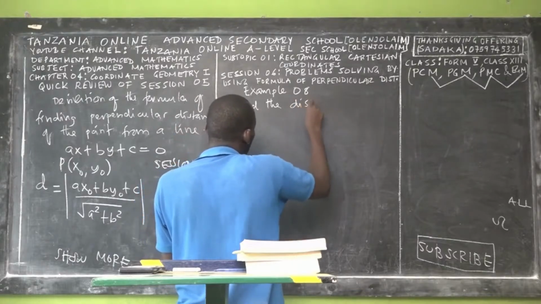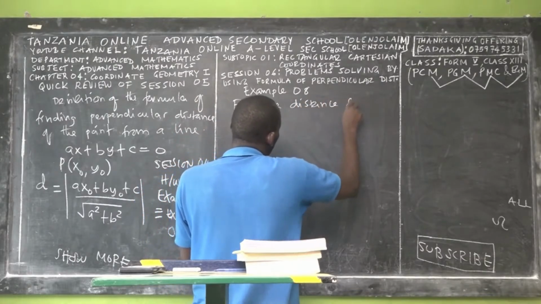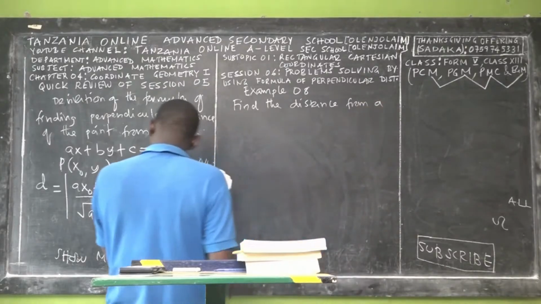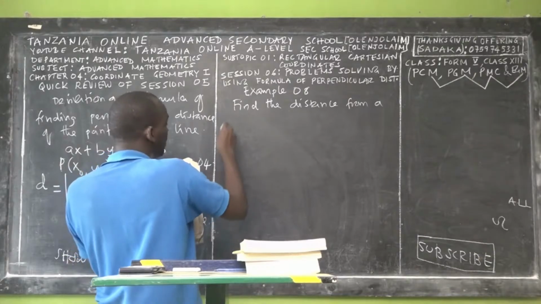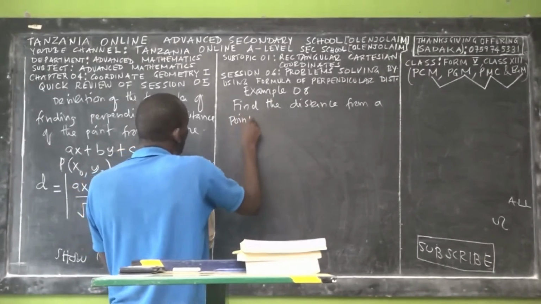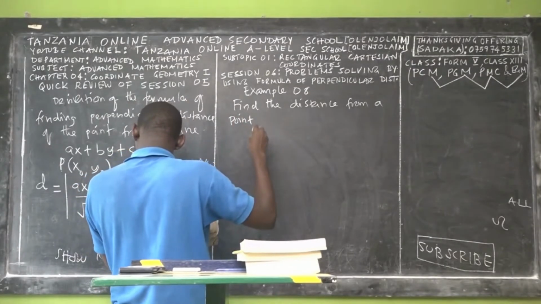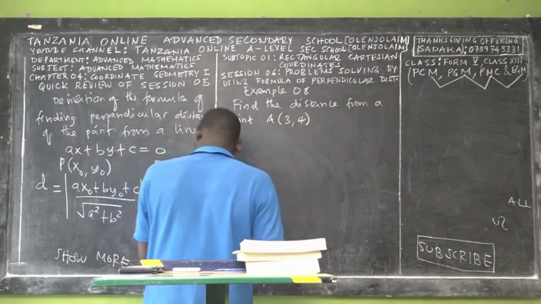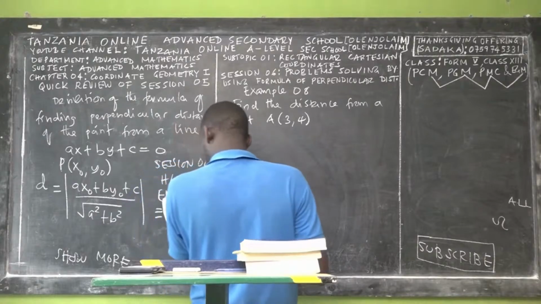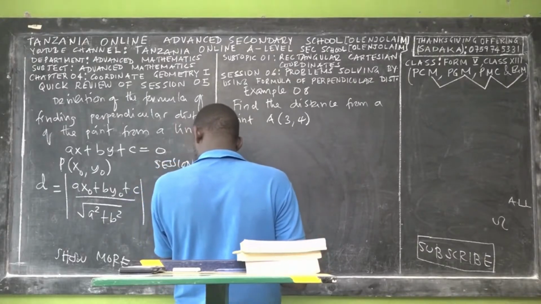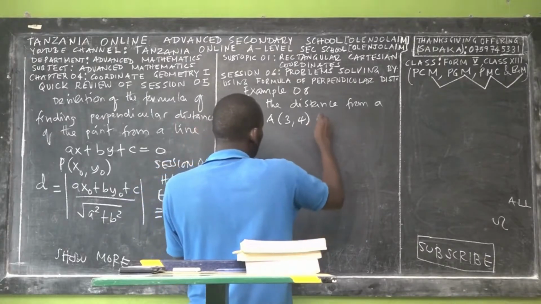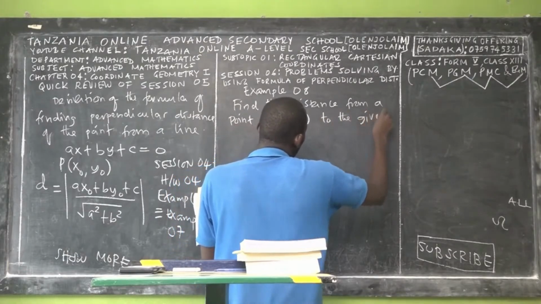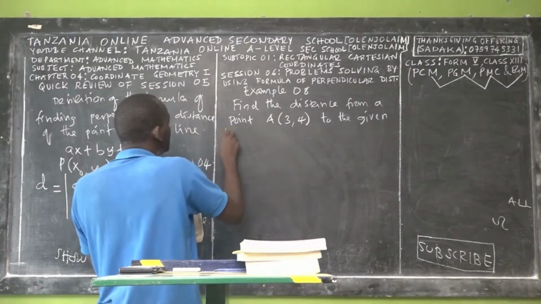The question asks us to find the distance from the point A (3, 4) to the given line.